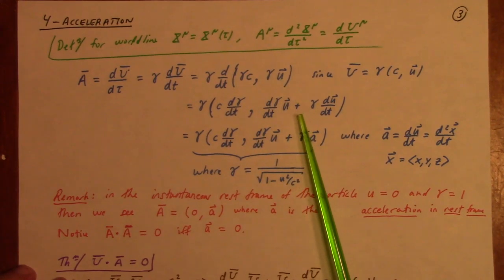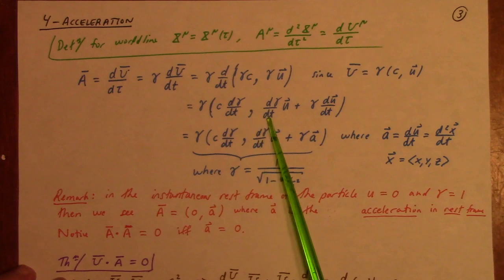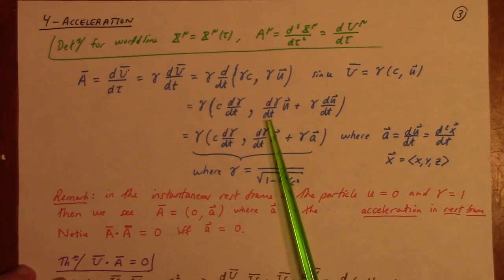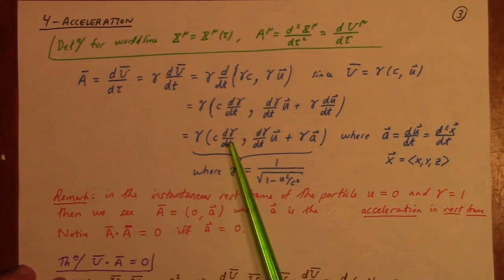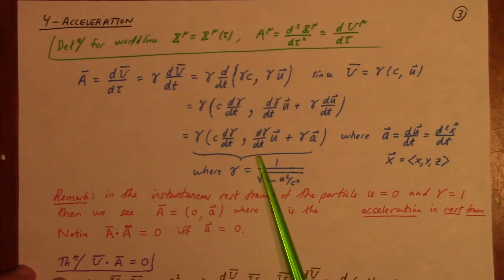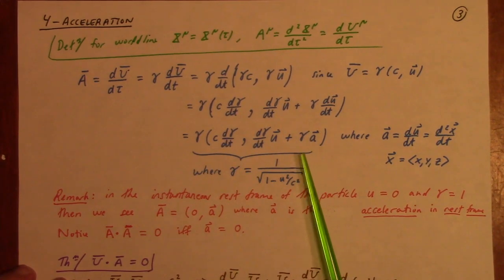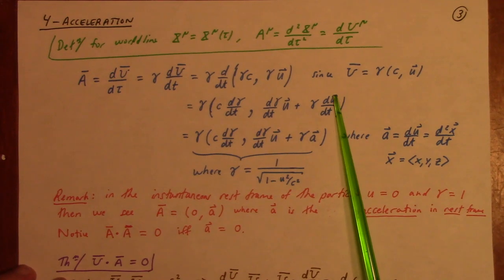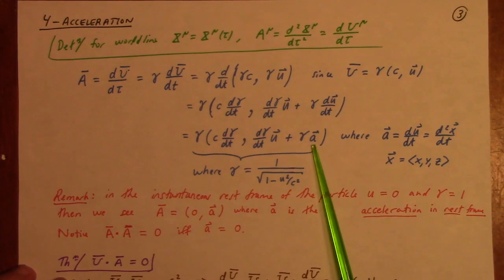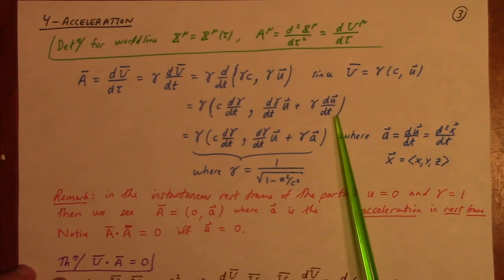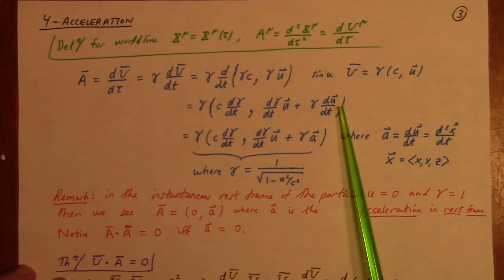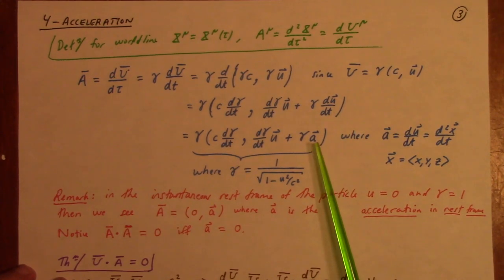So you differentiate these things. You've got a product rule to worry about here, right? And you've got the speed of light. You can pull that out, of course. And well, we get this. Now the thing is, the du dt, that's the derivative of the ordinary velocity with respect to the ordinary time. That's just plain old acceleration. That's the second time derivative with respect to t of the spatial part of the world line.